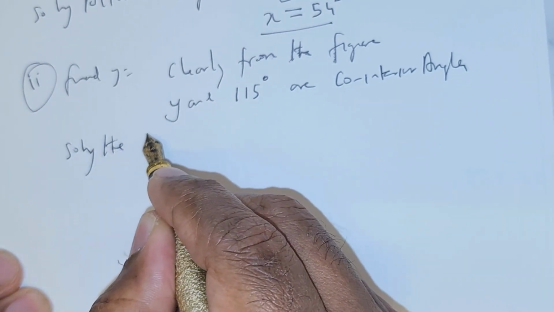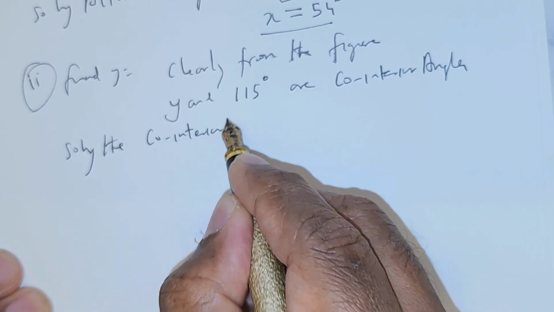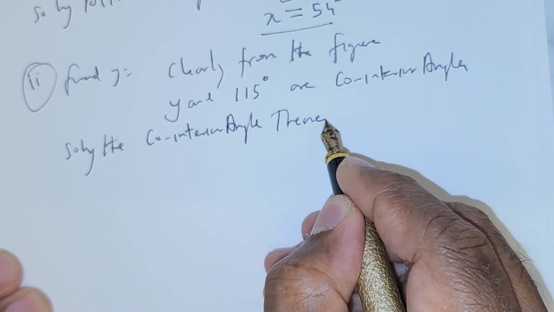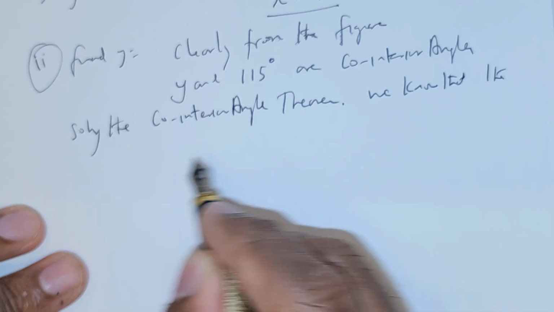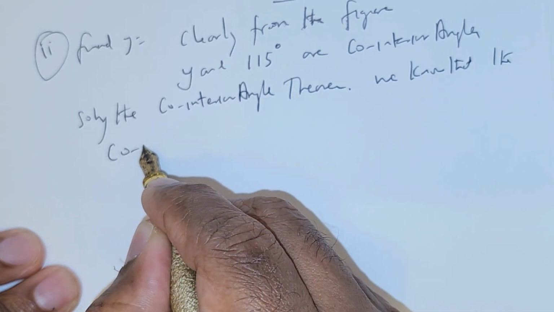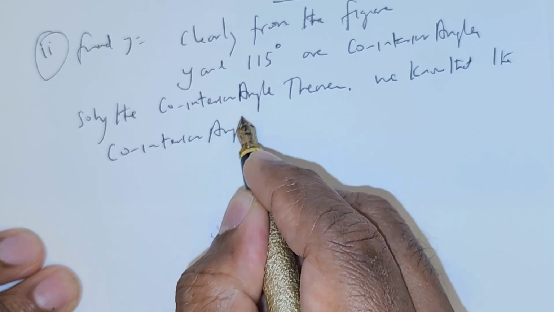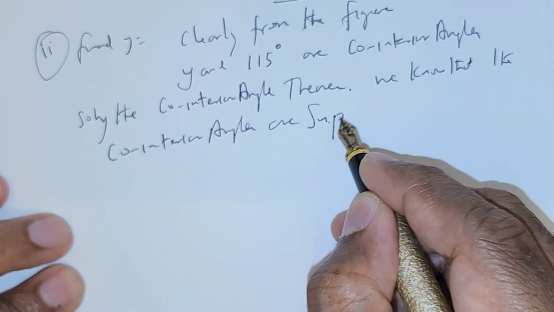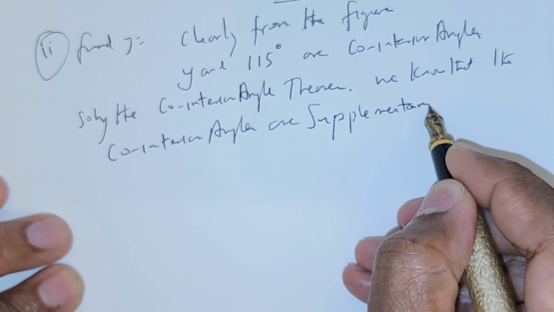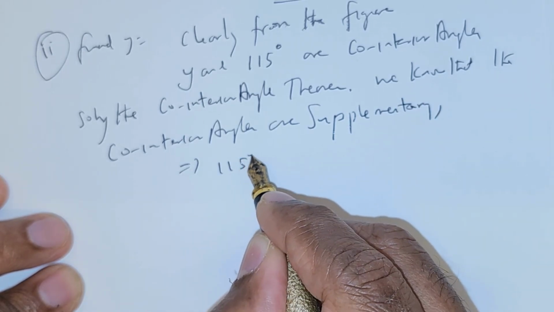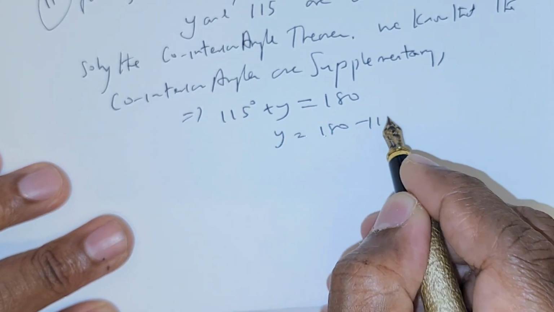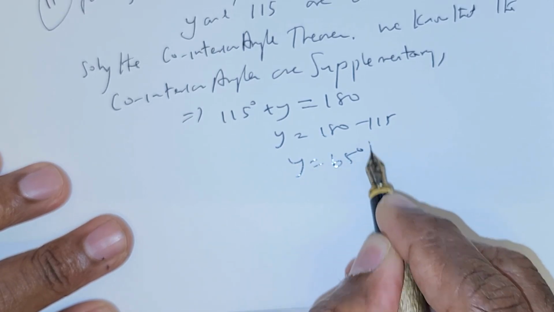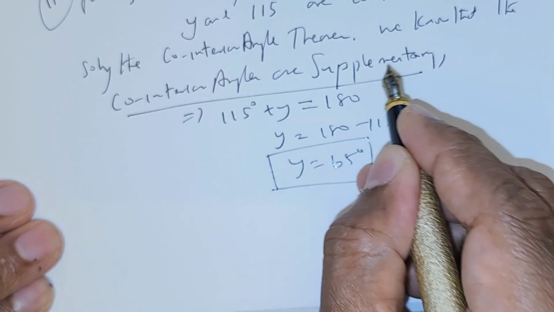So by the co-interior angle theorem, we know that co-interior angles are supplementary. So that means 115 degrees plus y is equal to 180. So y is equal to 180 minus 115, which means y is equal to 65 degrees. So this is the all important concept.